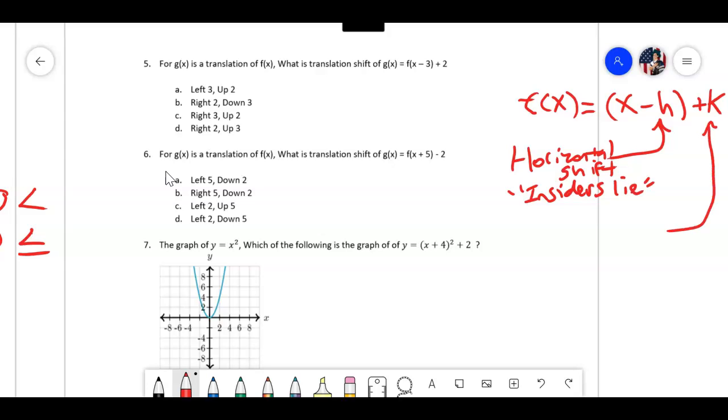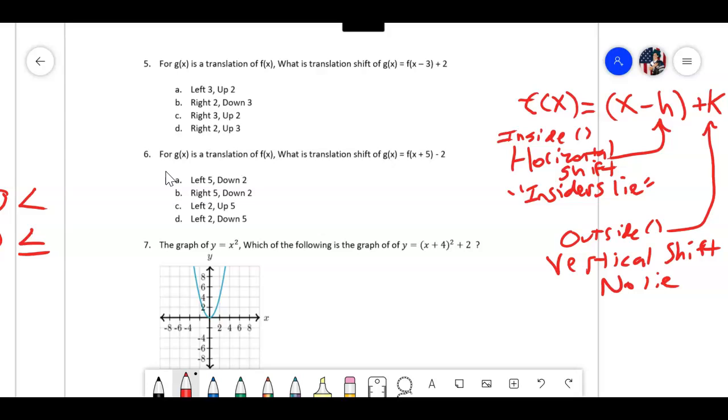Then the k after the parentheses, so this is inside the parentheses, outside the parentheses, a vertical shift, and it's no lie.